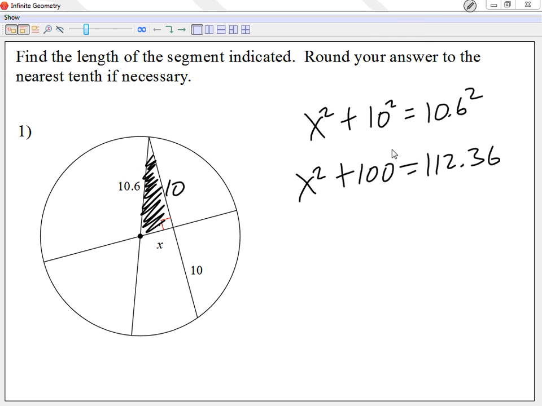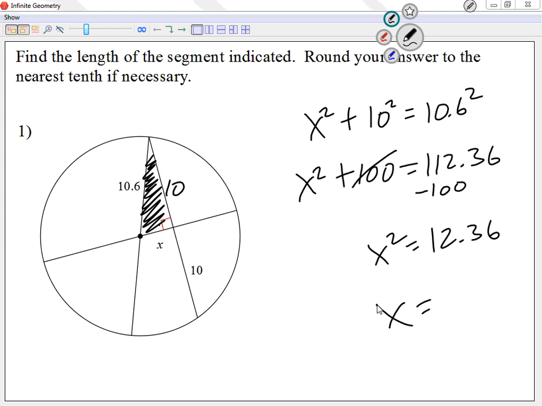I just did the square. I'm going to move the 100 to the right side, but I'm going to move it as a negative 100. So I'm going to get that x squared is equal to 12.36. I just subtracted that. So x should be the square root of that.